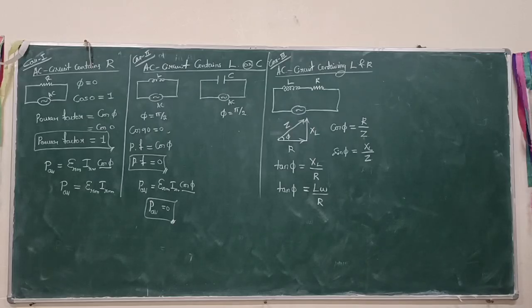You have the value of sin phi and cos phi, so tan phi is XL by R, that is L omega divided by R. So cos phi is equal to R sin phi divided by L omega. Can we write that?